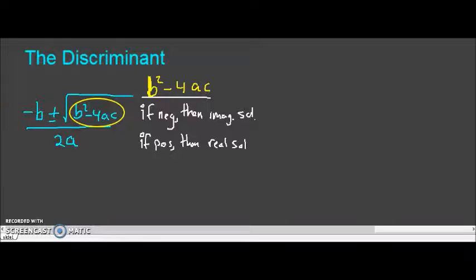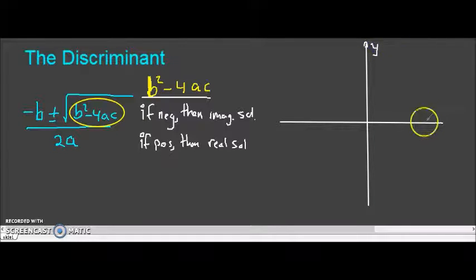Remember when we were graphing a little while ago and we had our graphs of your x and y axis. Here's the y, here's the x. The solutions to quadratic equations are where they cross the x-axis.